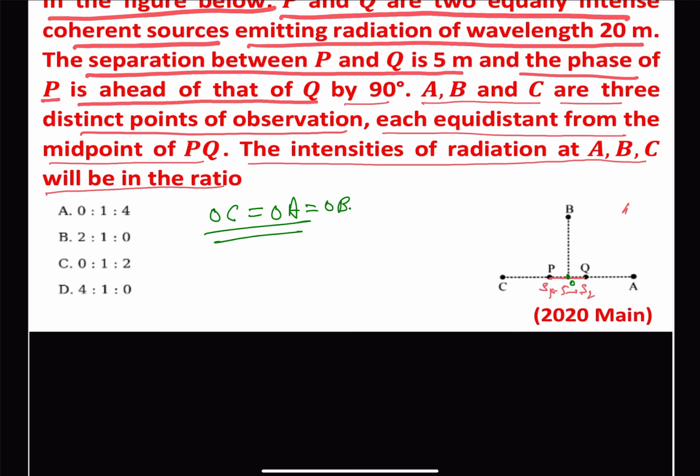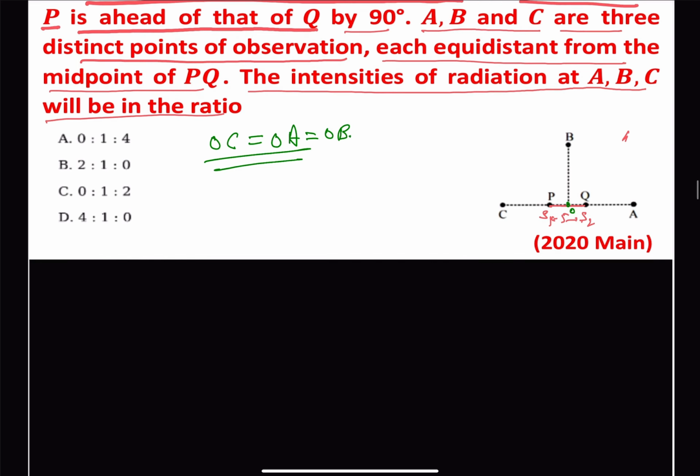And we are given that there is a phase difference between the sources at P and Q. So first of all, we are going to use two formulas. One is the phase difference, which depends upon the path difference, and second we are going to use the formula of intensities when both intensities are the same. So let us consider these points one by one.